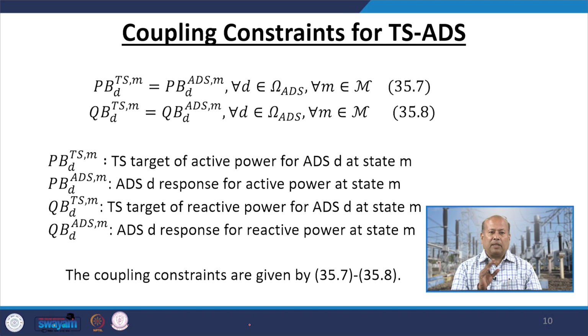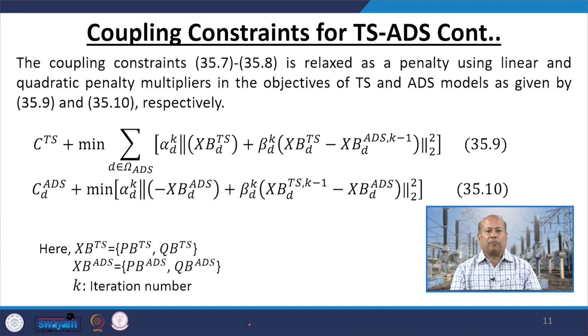So, please try to understand, when you talk about the real power for both transmission system and active distribution systems, and the reactive power for transmission system and active distribution systems, they are taken care of in equations 35.7 and 35.8. The coupling constraints are given with the above two, where they actually need to be a constraint for my objective functions.